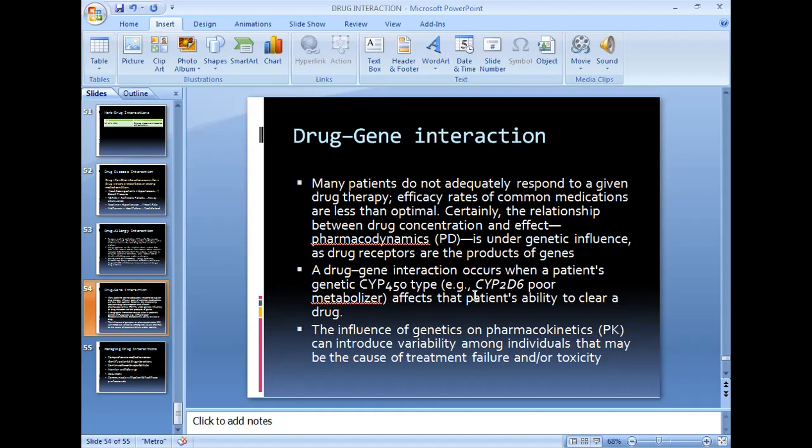The influence of genetics on pharmacokinetics thus produces variability among individuals that may be the cause of treatment failure and toxicity. So both pharmacodynamic and pharmacokinetic parameters are under the influence of genes. That's why drug-gene interaction can also occur.